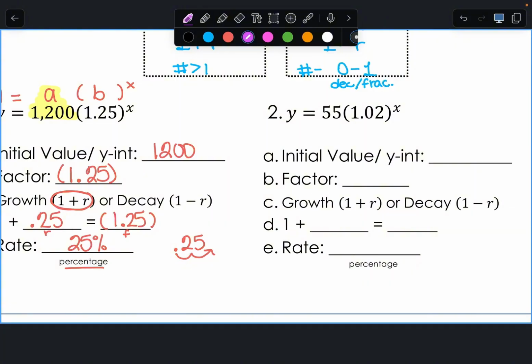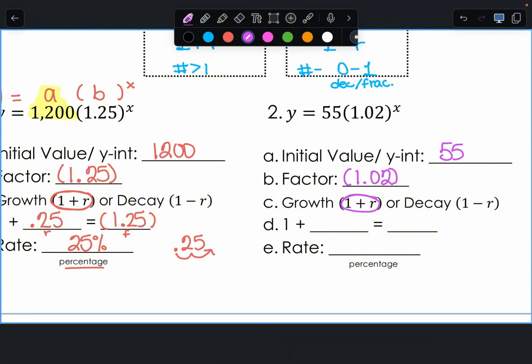What is my initial value? 55. Initial value, initial number, first number, beginning number, 55. The factor is the number in parentheses, which is 1.02. Does 1.02 represent growth or decay? Growth.